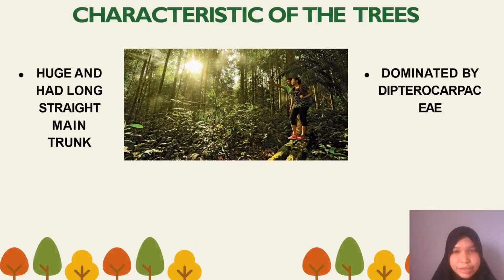Next is about the characteristics of the trees at the lowland tropical rainforest. At Endau Rompin National Park we have a harsh and headlong straight main trunk, and the forest is dominated by Dipterocarpaceae trees.